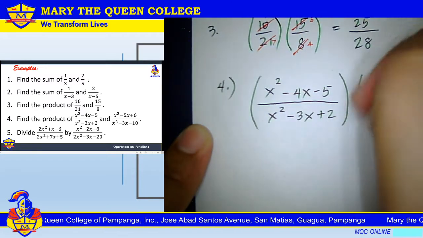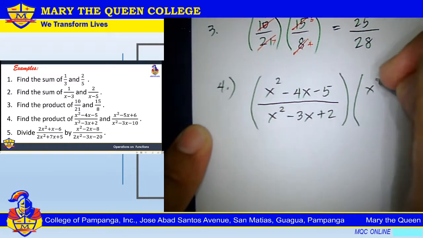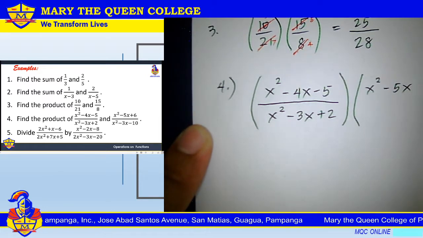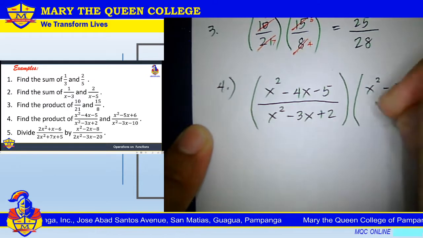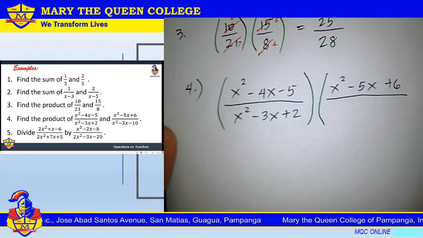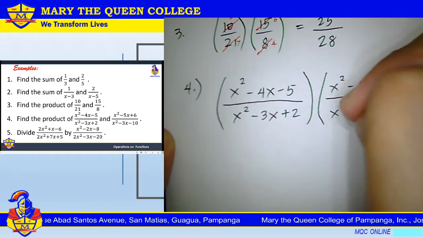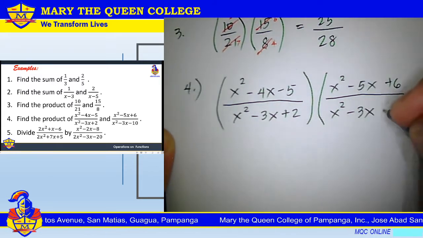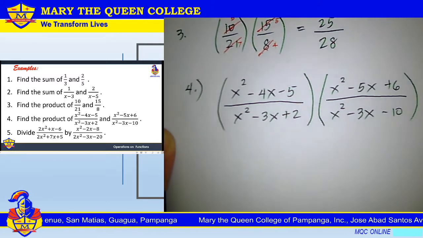I-multiply natin dun sa x squared minus 5x plus 6 all over x squared minus 3x minus 10. Okay?